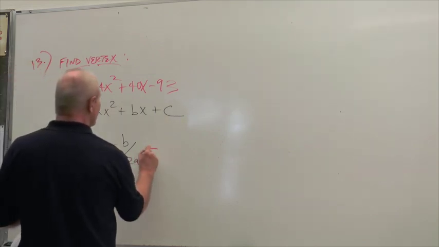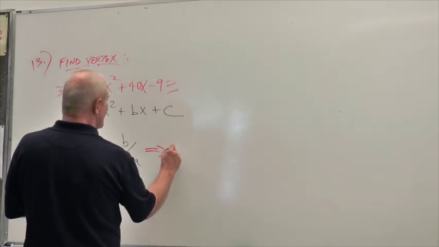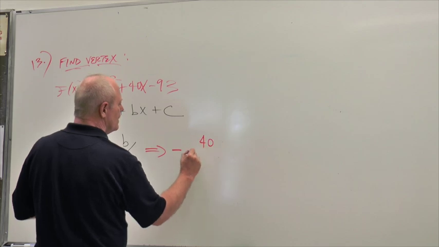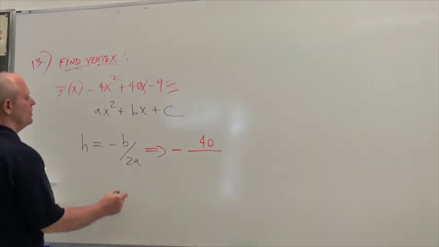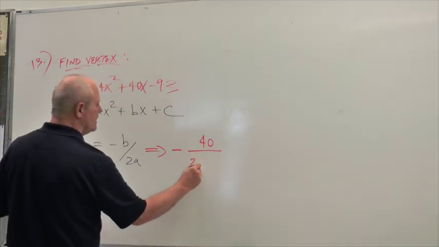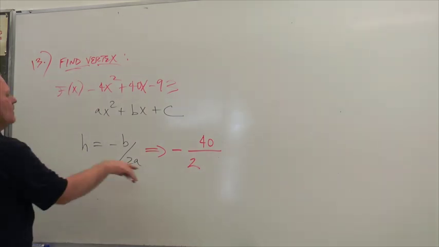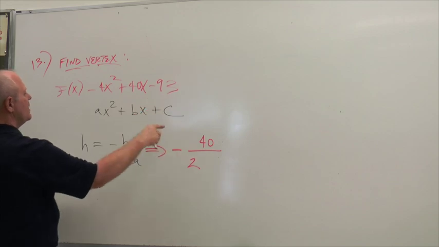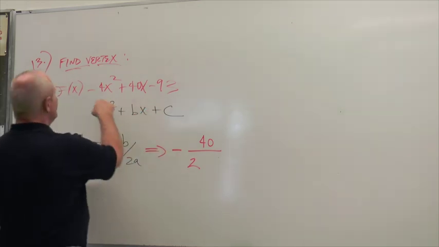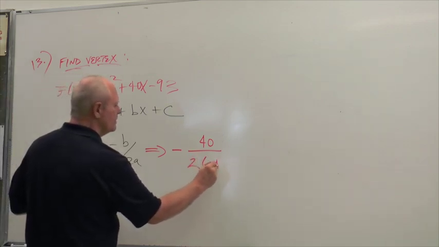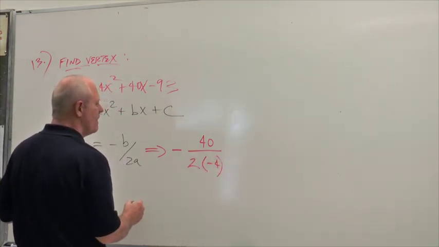So what do we got here now? Plug it in. Negative b, but what's b in this problem? 40. All over 2a. This all comes, by the way, from the quadratic formula. And what's a in this problem? Negative 4, right? The sign goes with the coefficient. Good? Okay.